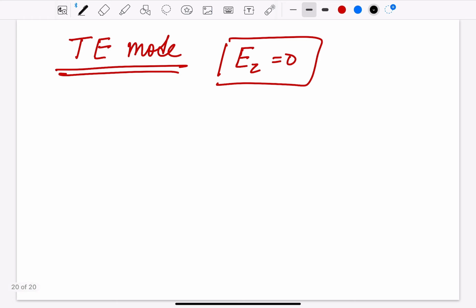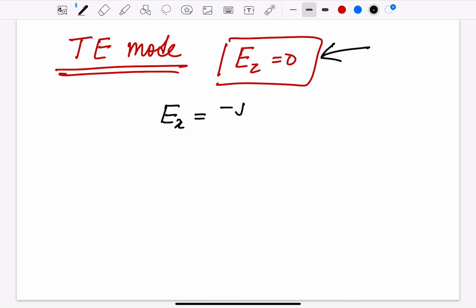Similarly, like we have seen previously, you are supposed to recall the generalized equations and replace Ez with 0.